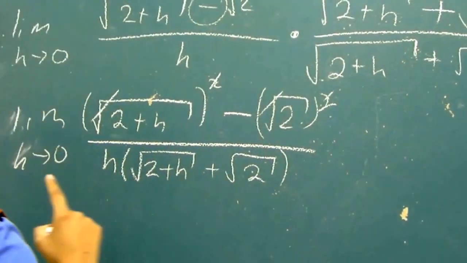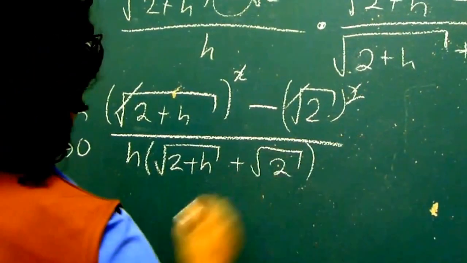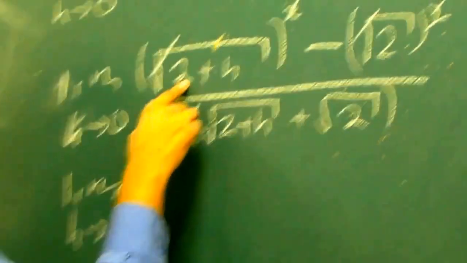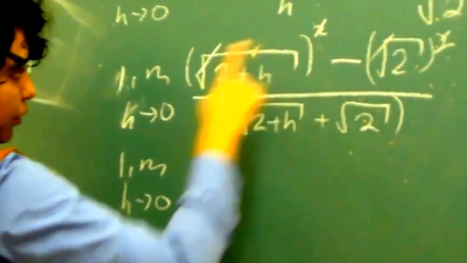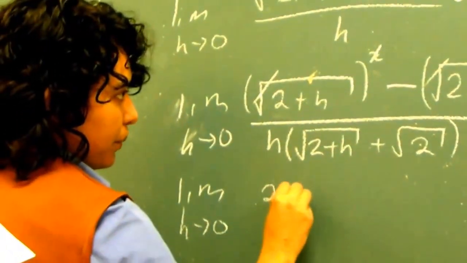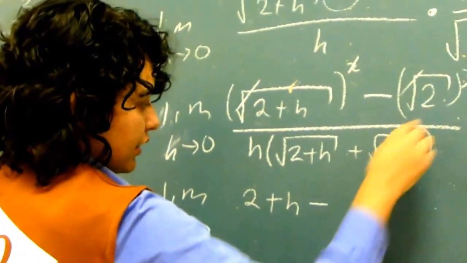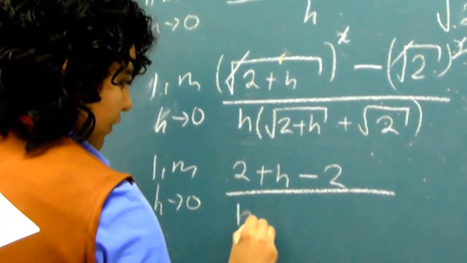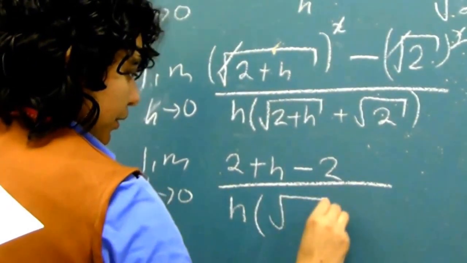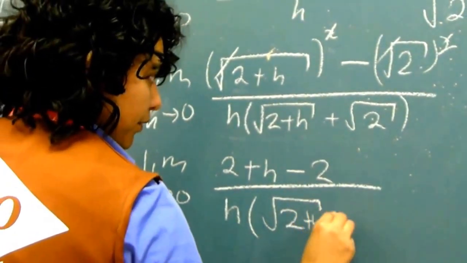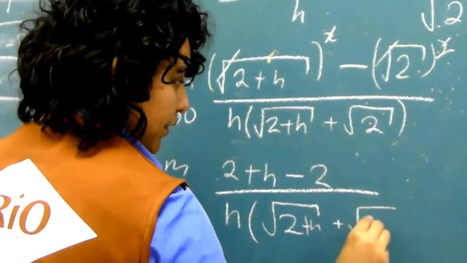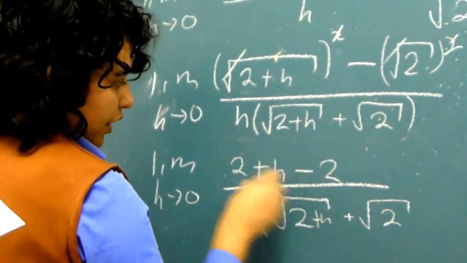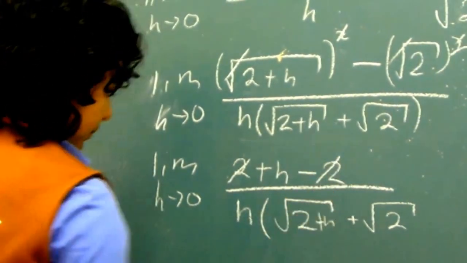Okay, so now let's simplify this. You have the limit as h is approaching 0, and here we say that this square cancels the square root, so we just have 2 plus h, and then minus this 2. All that is divided by all these denominators: I have the h, and I have the square root of 2 plus h plus the square root of 2. Now we have a 2 positive and a 2 negative, so they cancel each other.